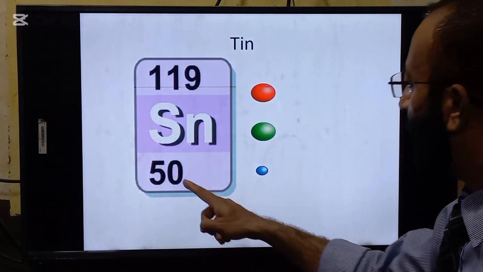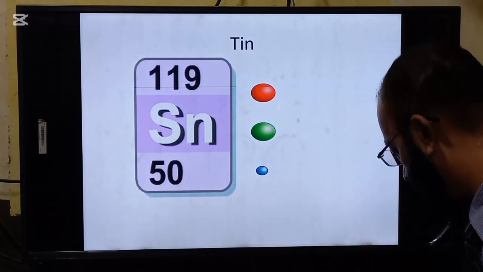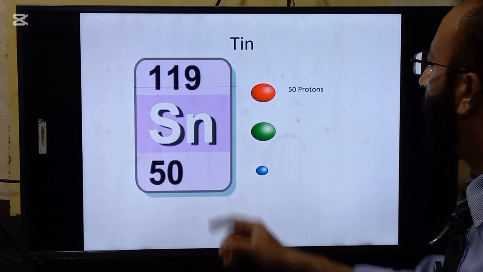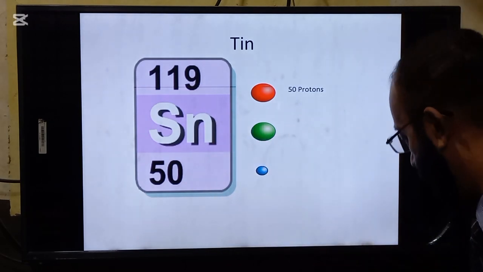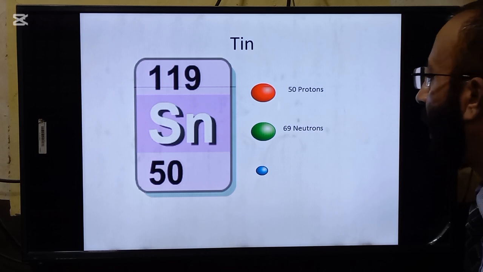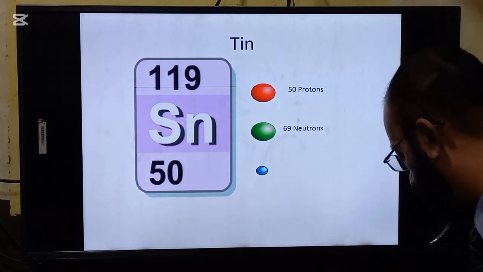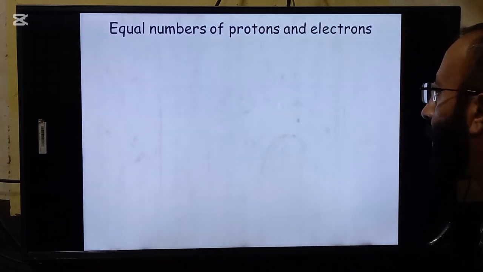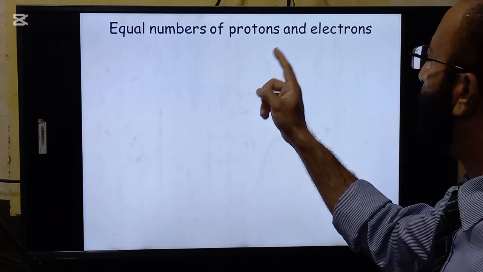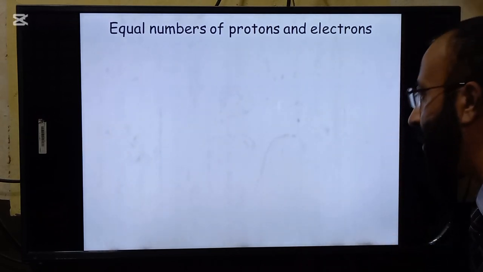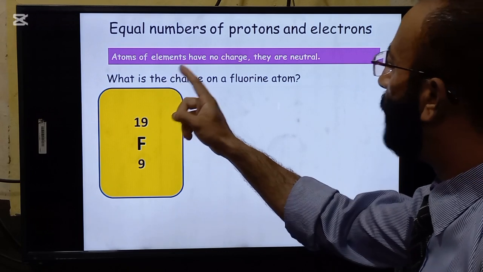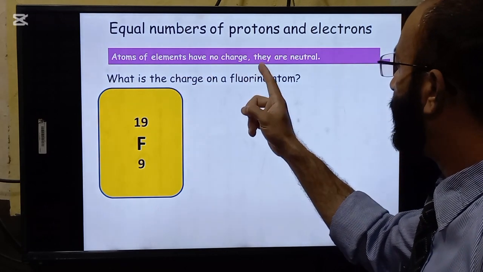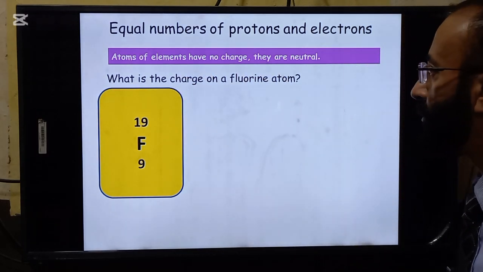In tin, there will be 50 protons. 119 minus 50 will be equal to 69 neutrons and 50 electrons. Equal number of the protons and electrons. Atoms of the elements have no charge, they are neutral.